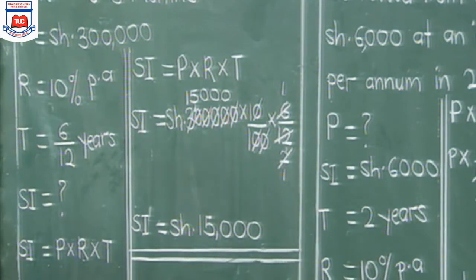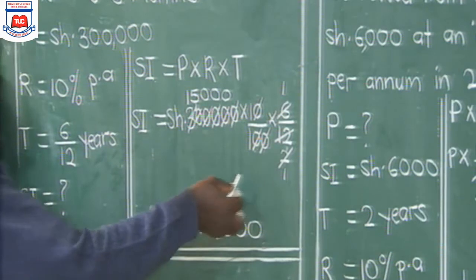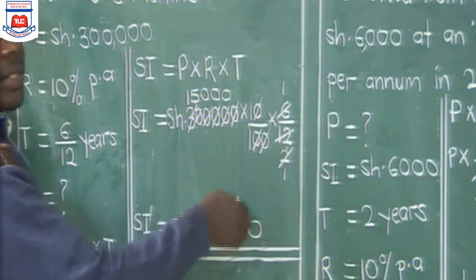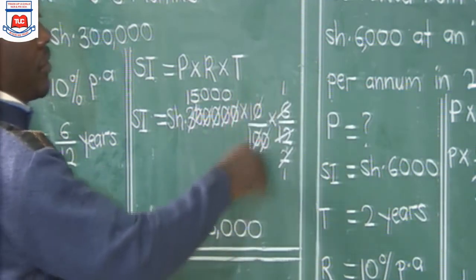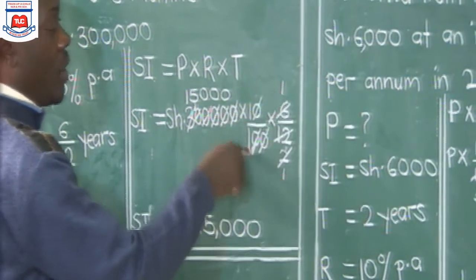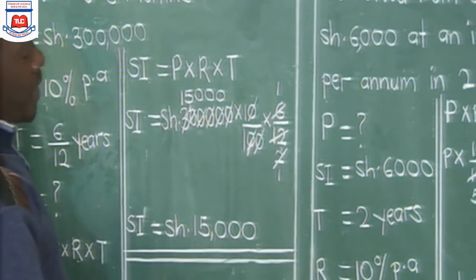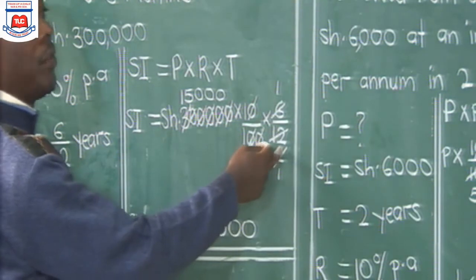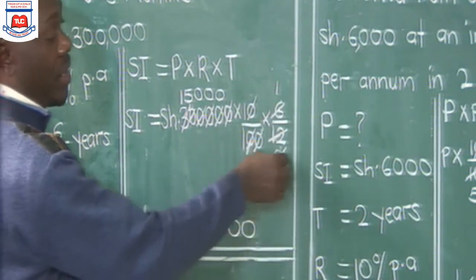The next step is cancellation. I said wherever you cancel the zeros, you're actually dividing by 10. You say 10 by 10 once, 100 by 10, you get 10. Then by 10 once, by 10, remain with that. Now we are going to divide 6 and 12 by 6. 6 divided by 6 once, 12 divided by 6, you get a 2.